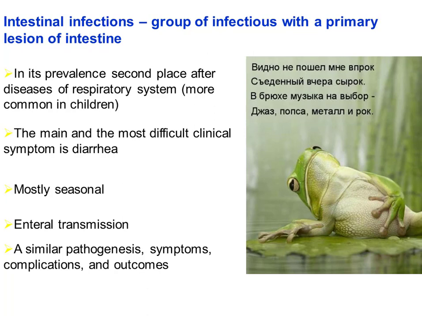All intestinal infections are characterized by the formation of epidemics, which can be contact, water, or food associated. Common clinical symptoms are diarrhea, vomiting, and also intoxication. The main complication in all patients with intestinal infection is dehydration.